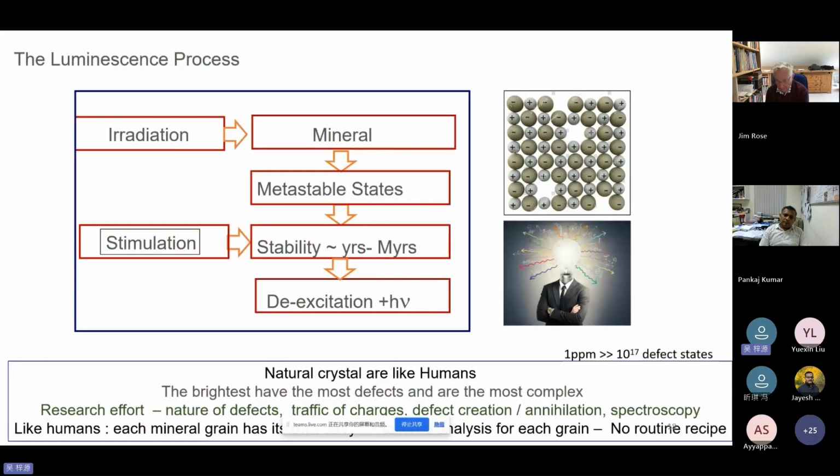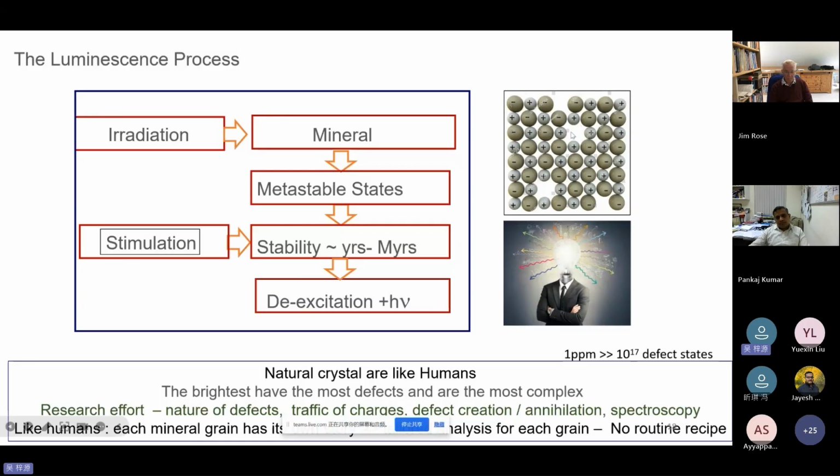What happens is that when you expose a mineral to radiation, like alpha, beta, or gamma rays, you essentially create ionization. This ionization creates free electrons and free holes, which walk in the crystal, and some of them get trapped in a defect in the crystal.